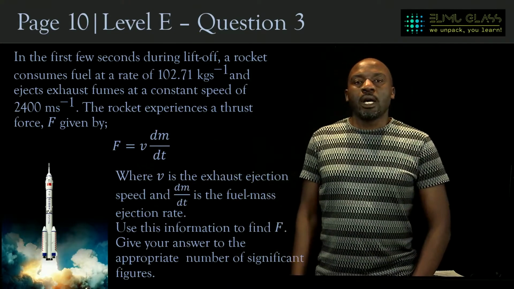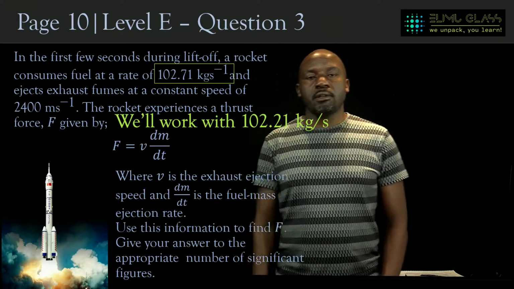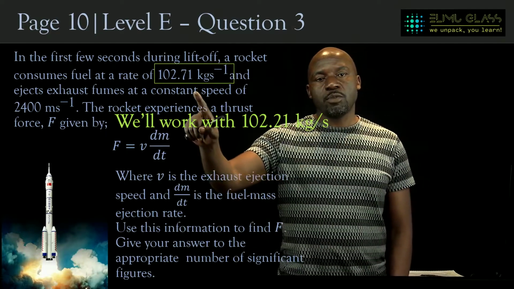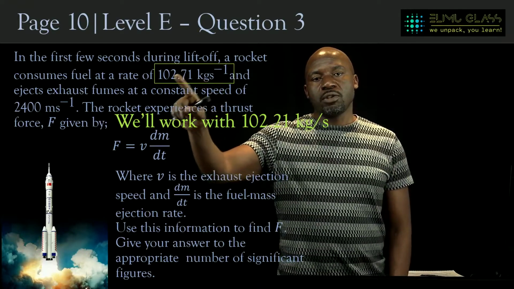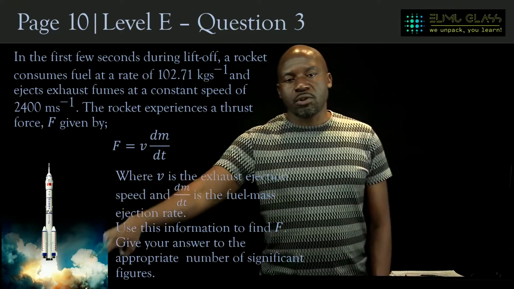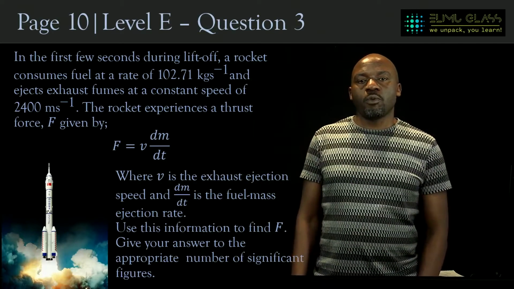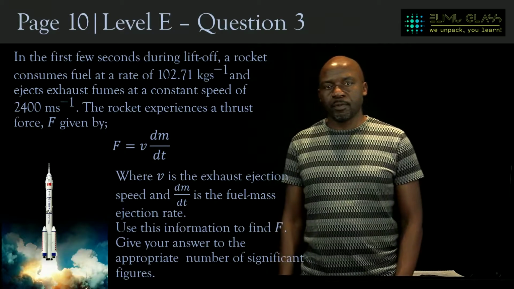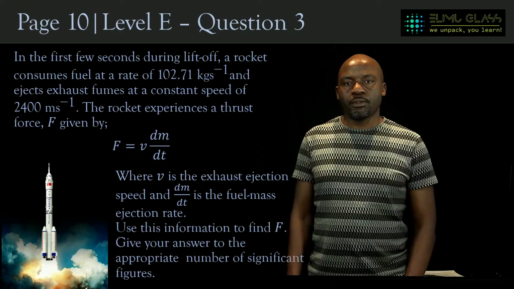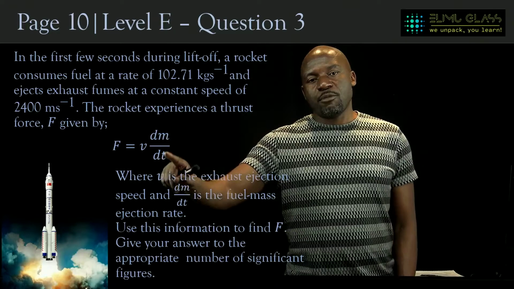So in the first few seconds during liftoff, a rocket consumes fuel at a rate of 102.71 kilograms every second. So this means kilograms per second. It consumes 102.71 kilograms every second and ejects exhaust fumes at a constant speed of 2400 meters per second. The rocket experiences a thrust force F, given by F is V times dm over dt.